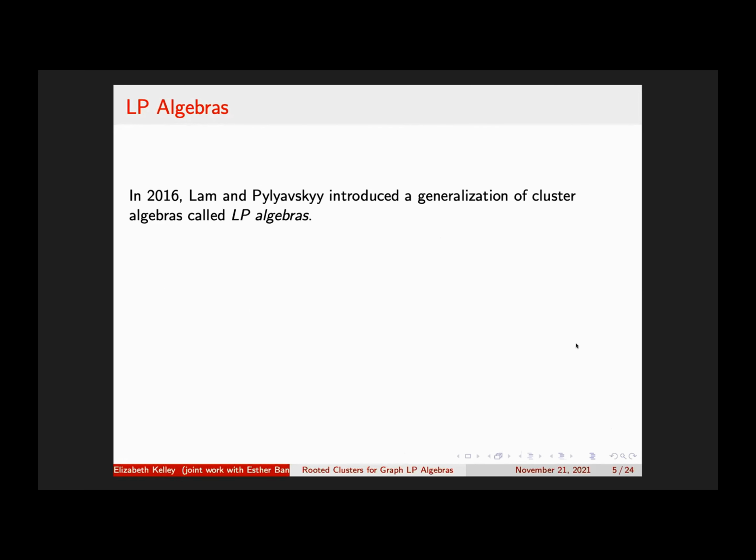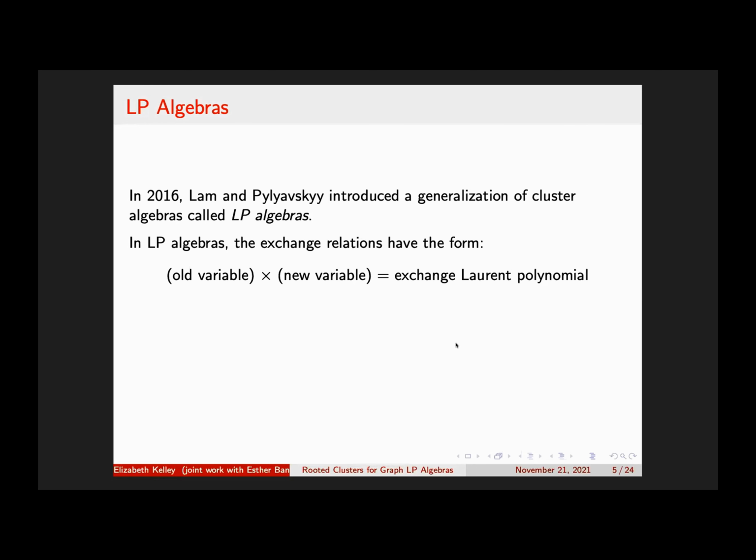Okay, but we're actually not going to talk about ordinary cluster algebras. In 2016, Lam and Pylyavskyy introduced a generalization of cluster algebras called LP algebras. And the idea here is that now we're letting the exchange relations be more complicated. The question that I see this as trying to answer is, how much can I relax the conditions for a cluster algebra and still get something with the Laurent phenomenon?